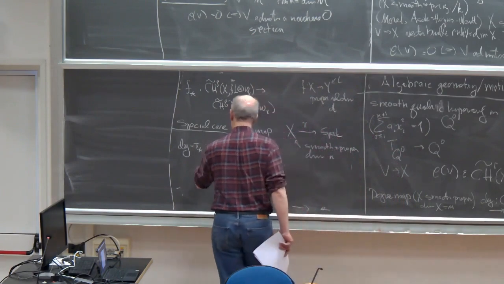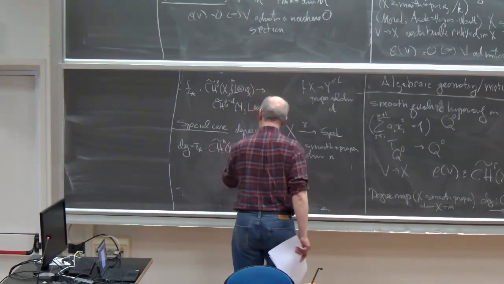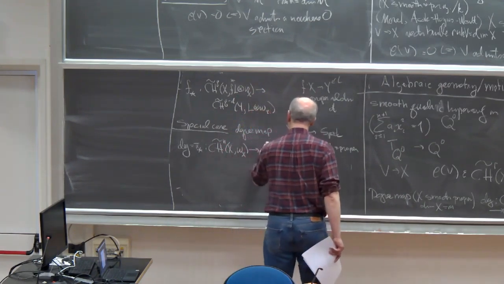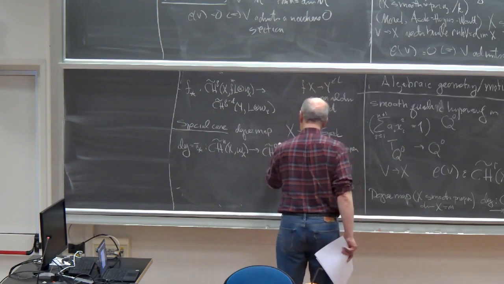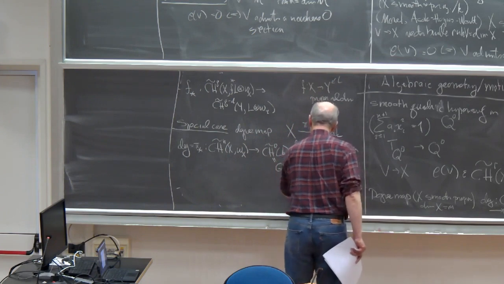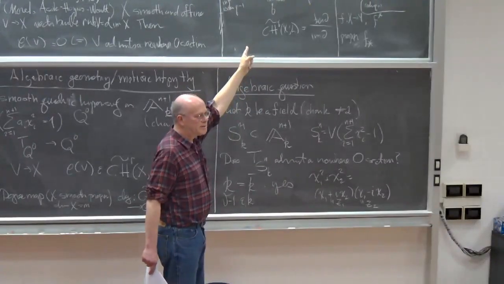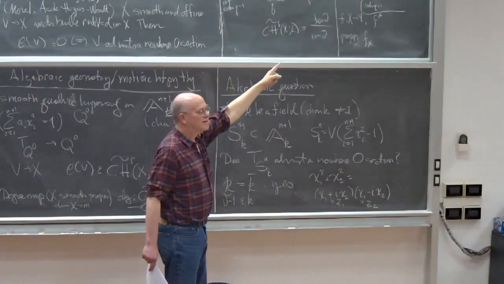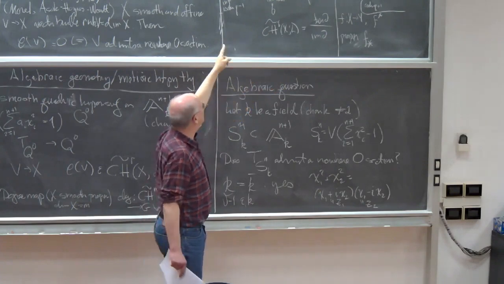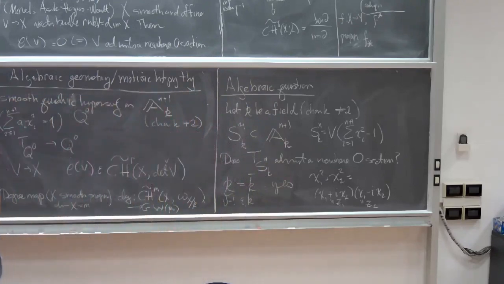It goes from Chow-Witt groups on X twisted by omega X going to the Chow-Witt groups codimension 0 on k, and the degree map is supposed to land here, right? If you look at the presentation, you just have things of codimension 0 in the middle and there's nothing else. There's nothing of codimension 1 on a point, and there's nothing of codimension -1 on anything. So that's just what this is.